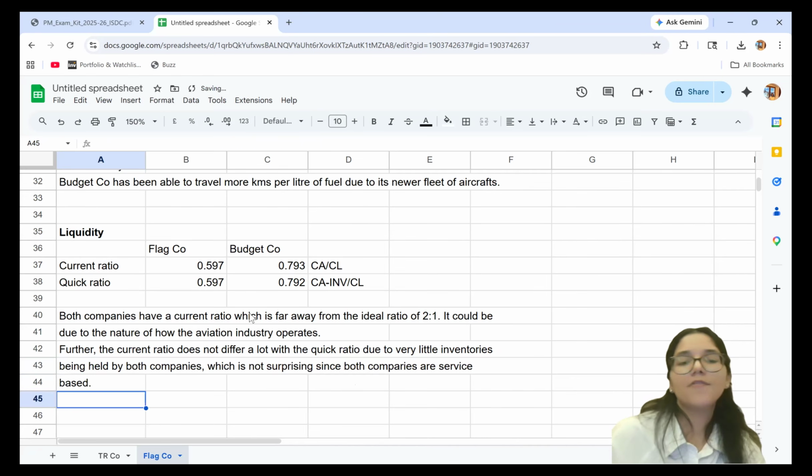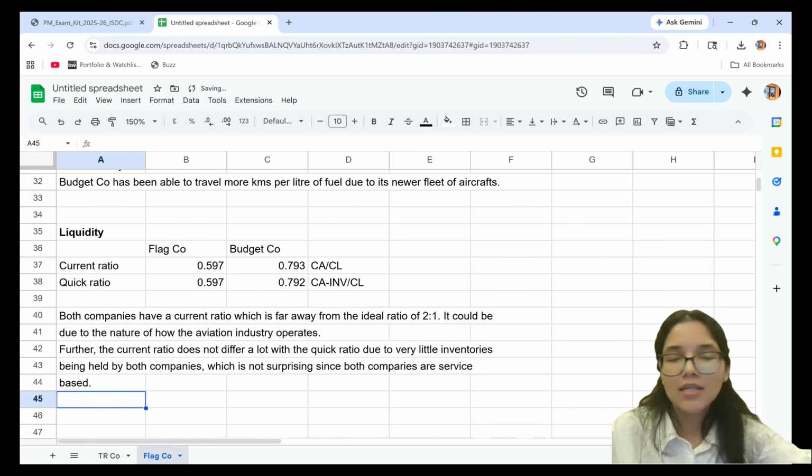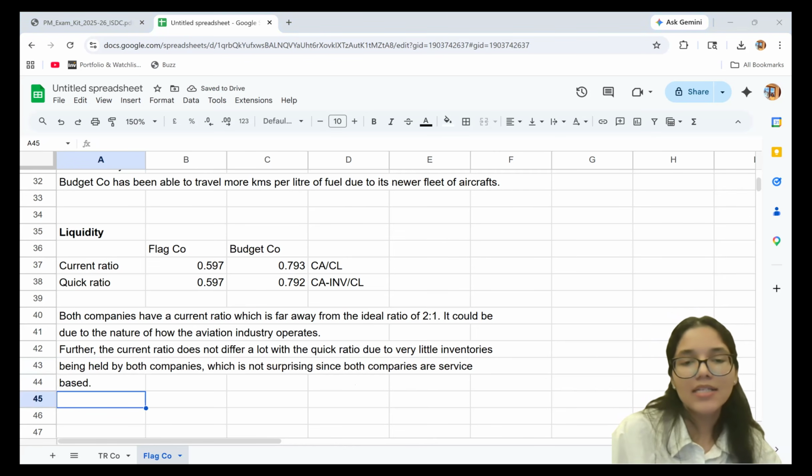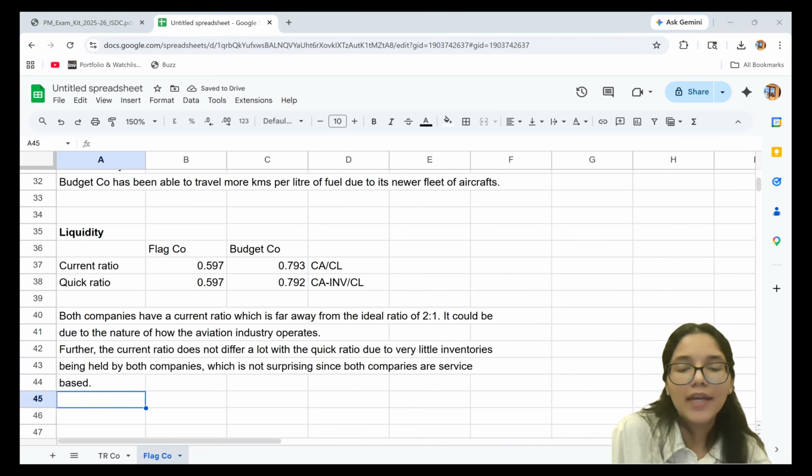Because they are both service based companies, if it's a manufacturing company, when I sell goods, then definitely inventory is needed. But if I'm a service based company, I don't need to have a lot of inventory.